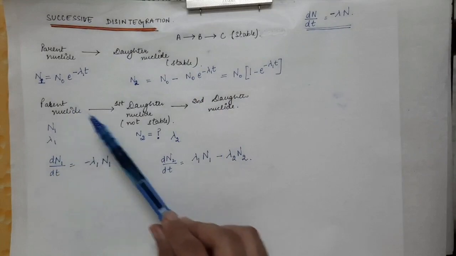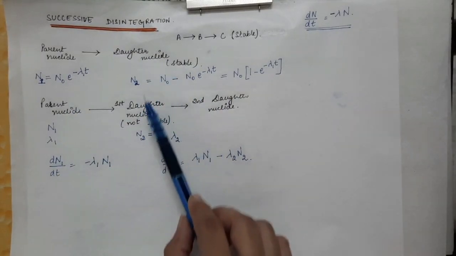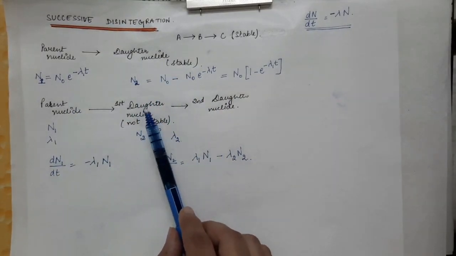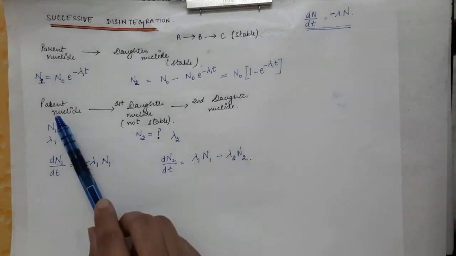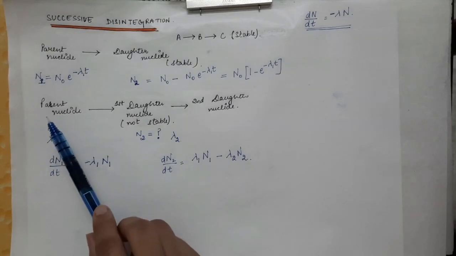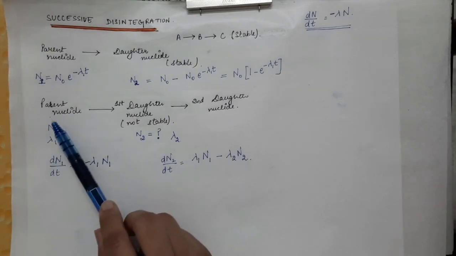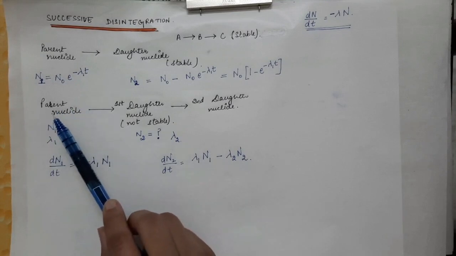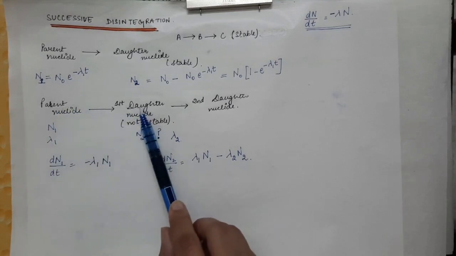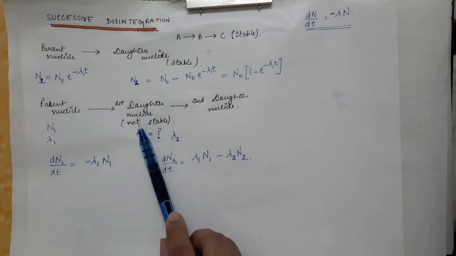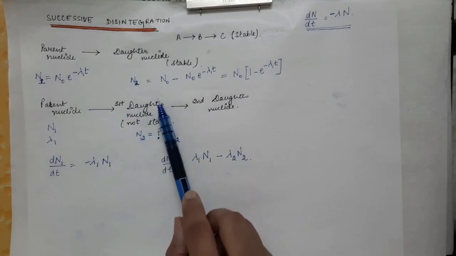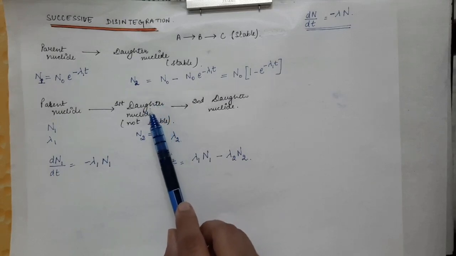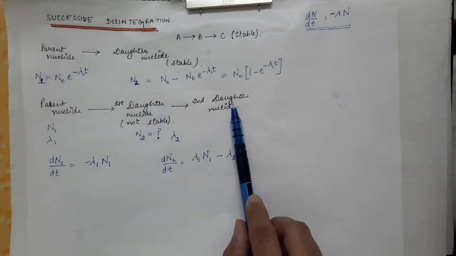But when the daughter nuclei is not stable, it will further decay into a second daughter nuclei. So if in a sample we have 1000 parent nuclides, and from those 1000 parent nuclei 500 nuclides have decayed to the first daughter nuclide, and from those 500 daughter nuclides which have formed, around 250 have decayed to the second daughter nuclide.